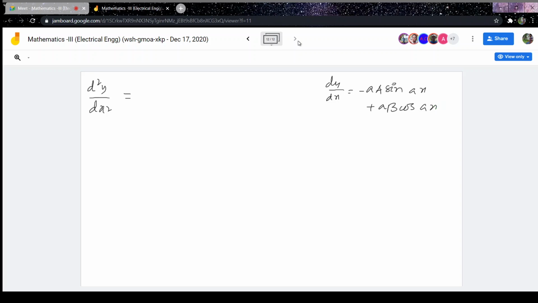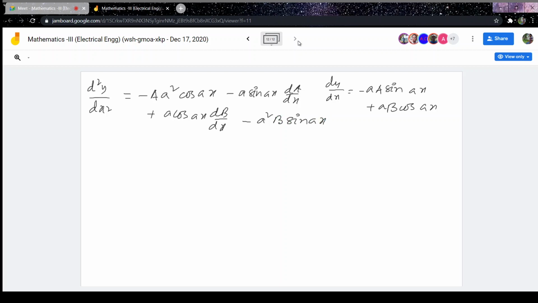So this will be minus a square cos ax minus a sin ax da dx plus a cos ax db dx and minus a square b sin ax.